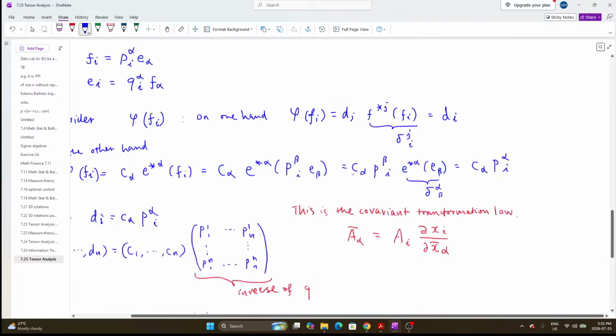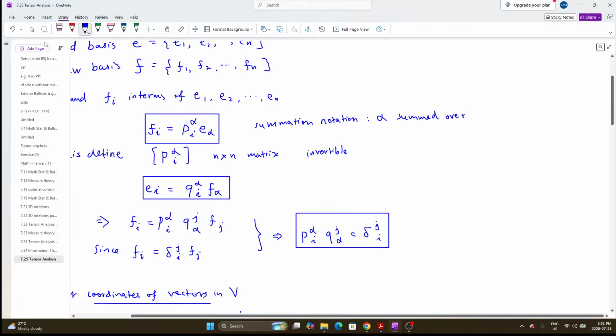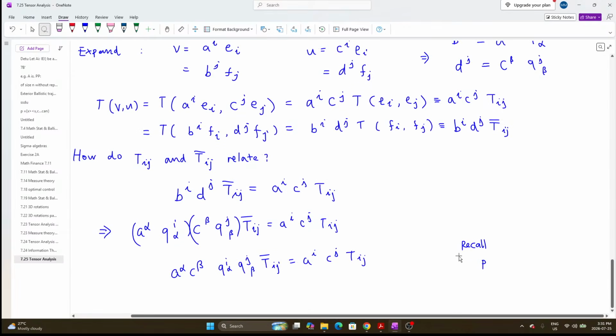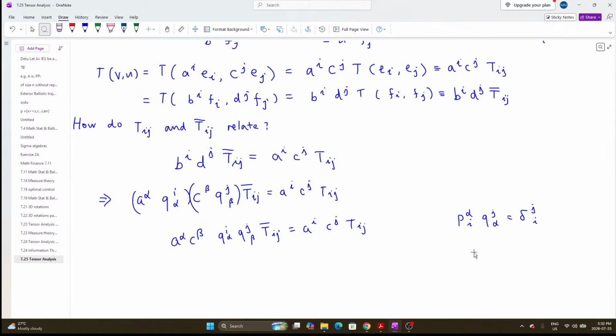What's the relationship between the P and Q? I derived this earlier. Yeah, here. This should be helpful for index swapping. These are dummy indices, so you can change them to alpha and beta. That's true.